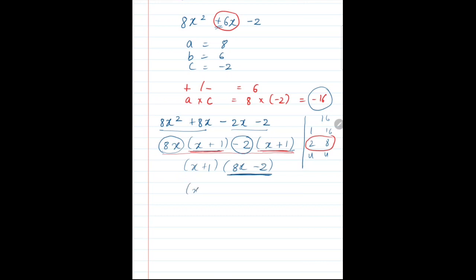So now I'll be having x plus 1 as it is. If I take 2 out of it, I'll be remaining with 4x minus 1, and this can be written as 2 times x plus 1 times 4x minus 1, as it does not matter in what order you write numbers in multiplication. Thank you for watching.